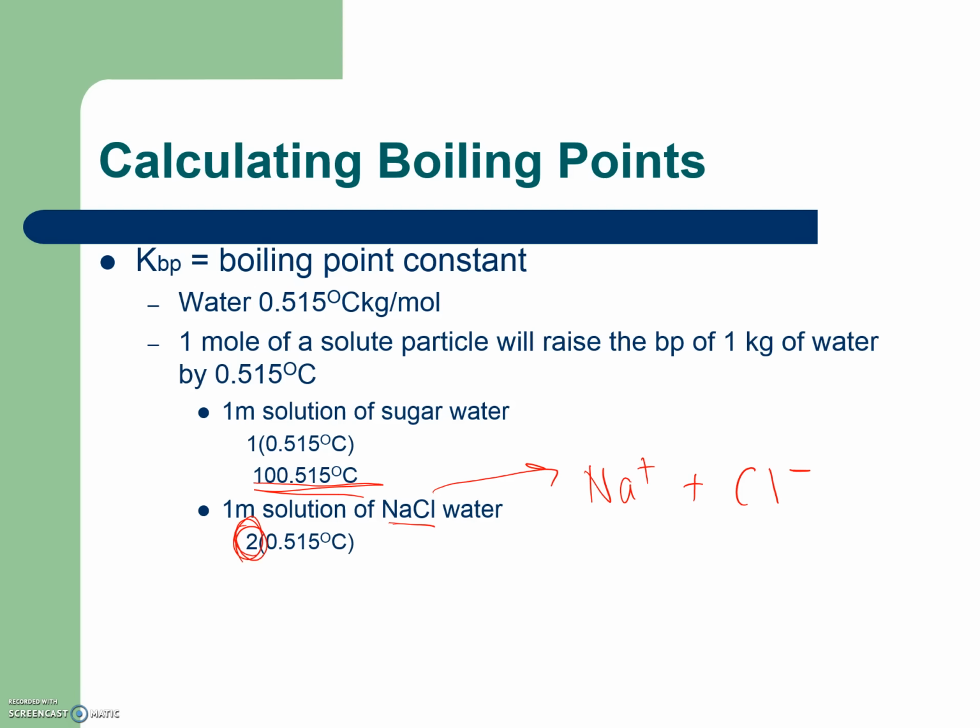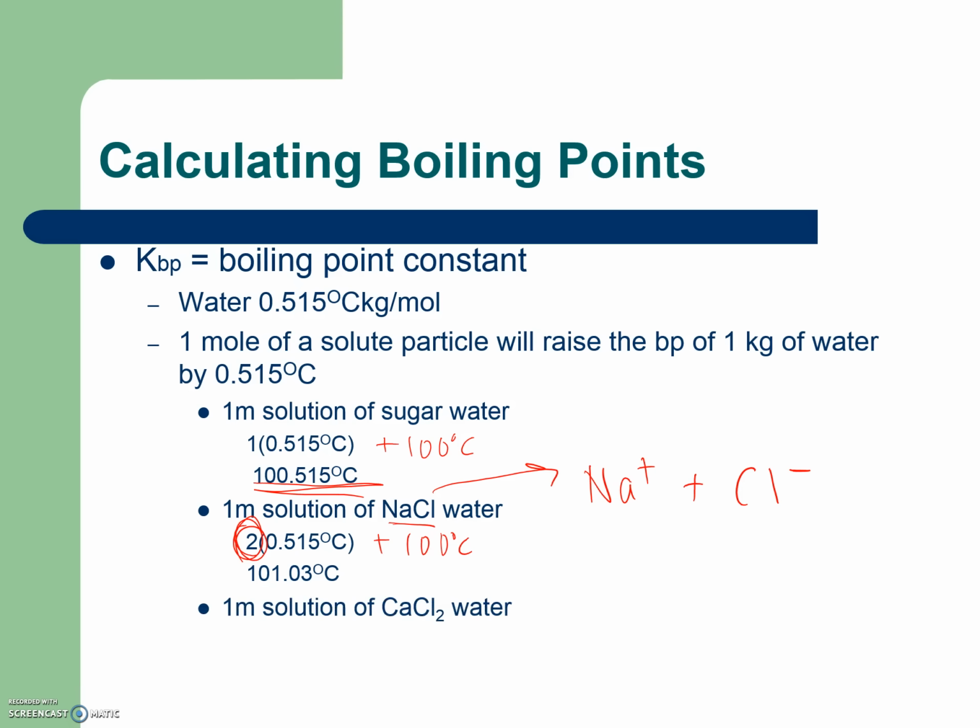So a 1 molal solution of salt water, NaCl, will now make the temperature 101.03 because I'm multiplying this 1 times this number, and I always have to go back in and add in the boiling point. So I'm adding back in the 100 degrees because water will always boil at 100 degrees. I'm looking to calculate how much more.